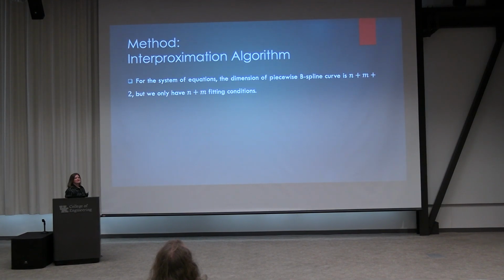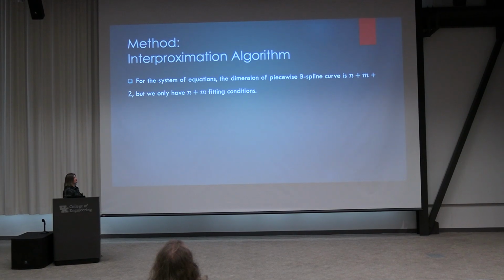So for this system of equations, we would like to solve the system such that we find our control points. For this system of equations, we will have n plus m plus 2 B-spline curves that will contribute to the interpolating curve.